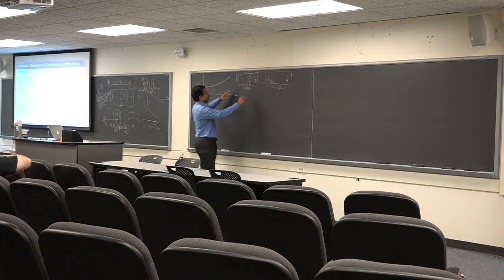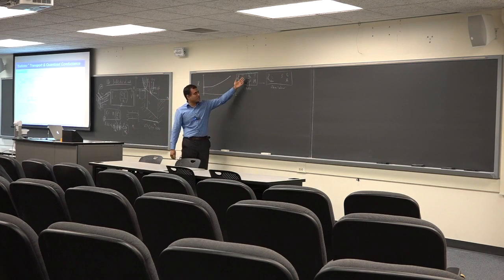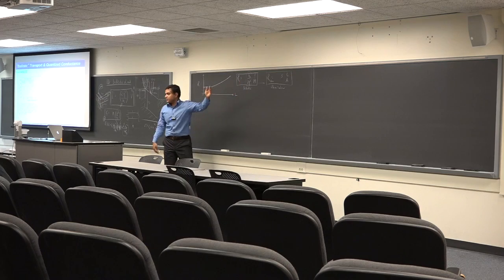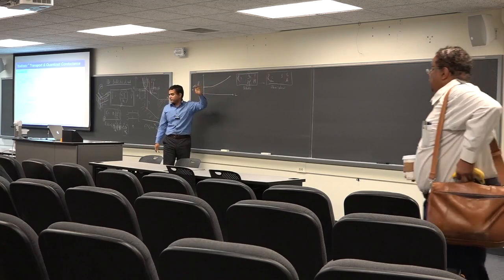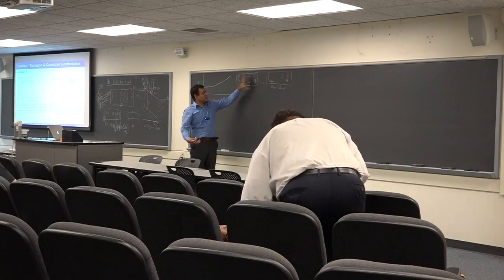Just as a point of argument, h over q squared, when we think quantum, is supposed to be very small, but it's really not small. h over q squared is about 25 kilo ohms. It's not small at all. Obviously, if you have a lot of modes, you can make it way smaller.